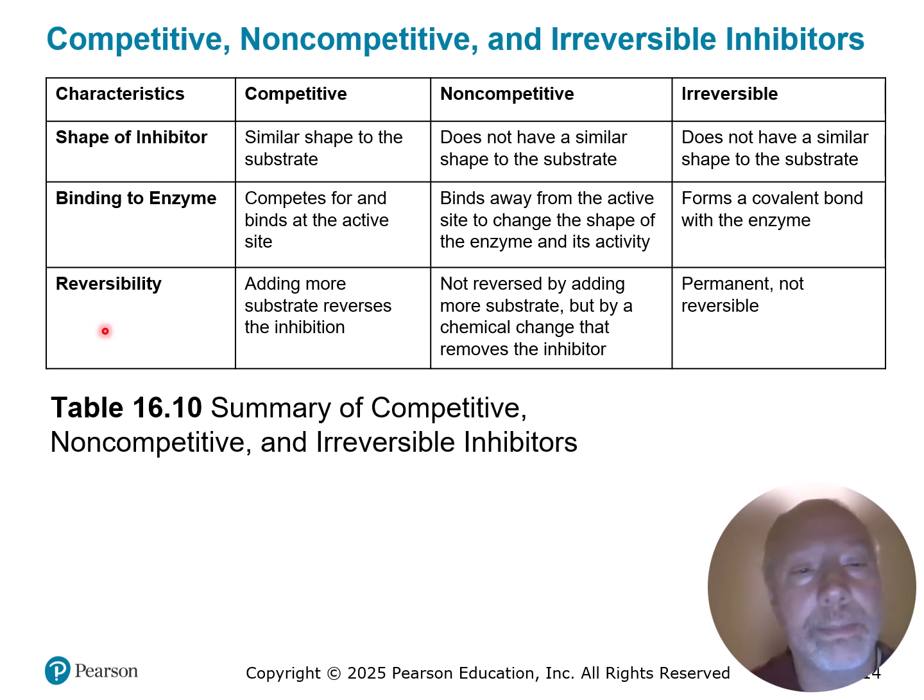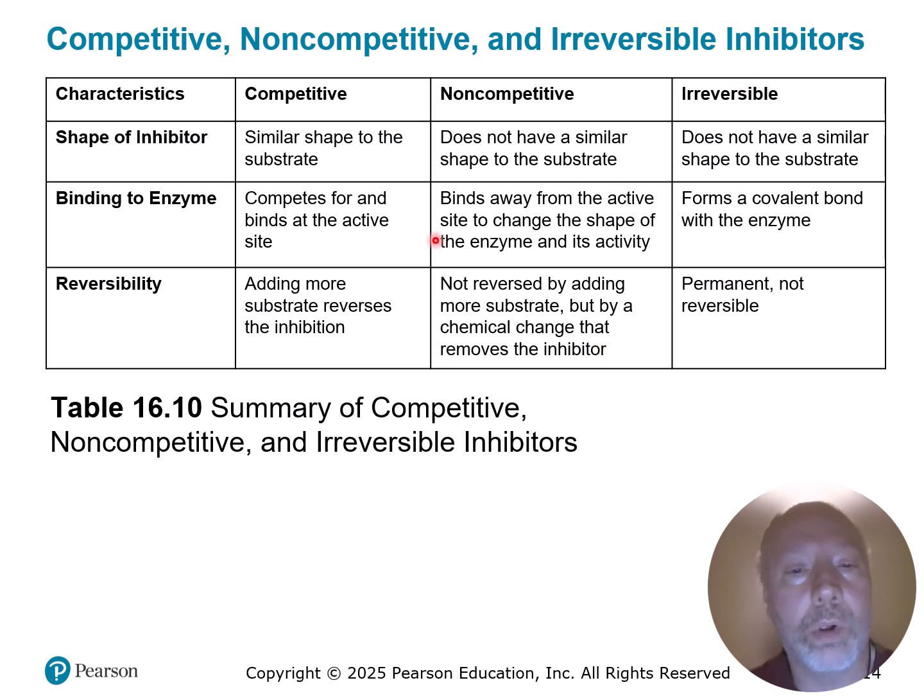Now, what about reversibility with respect to competitive, non-competitive, and irreversible? Well, in competitive inhibition, if you add more substrate, it will overwhelm the inhibitor and allow the enzymes to start functioning well again. If you have non-competitive inhibition, it's not reversed by adding more substrate, but by a chemical change either induced in the body or artificially to remove that inhibitor.